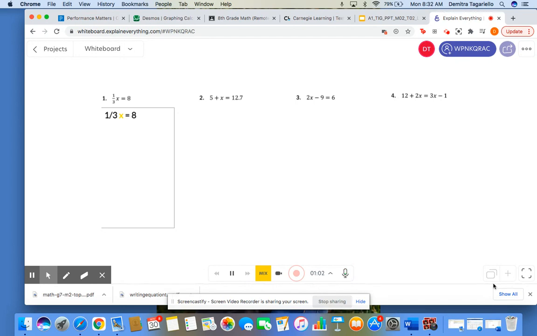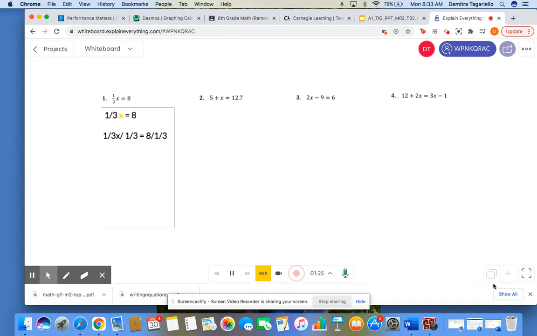I know that 1/3 is being multiplied by x, so the inverse of multiplication is division. So that simply means that I am going to divide on both sides by 1/3. So what's going to end up happening is it's going to be 1/3 x divided by 1/3 is going to be equal to 8 divided by 1/3.